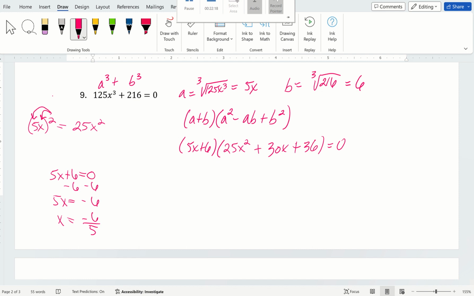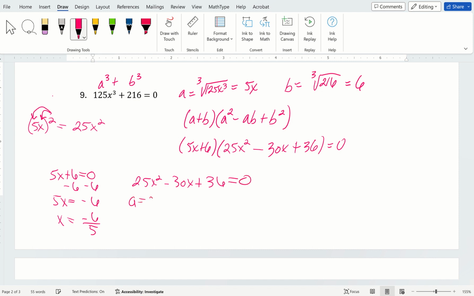And then we're going to take 25x squared plus 30x. I'm sorry, this should be a minus 30x. Plus 36 equals 0. And we're going to plug this into the quadratic formula. So a is 25, b is negative 30, c is 36.